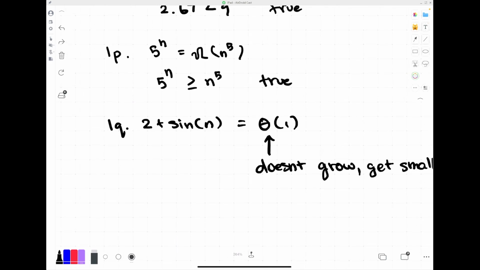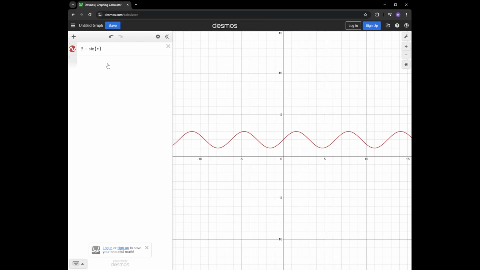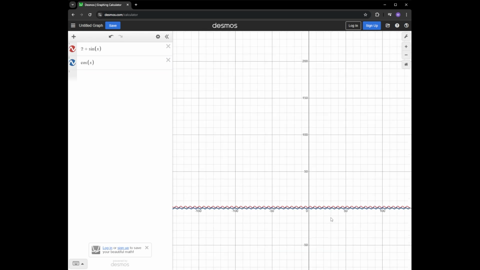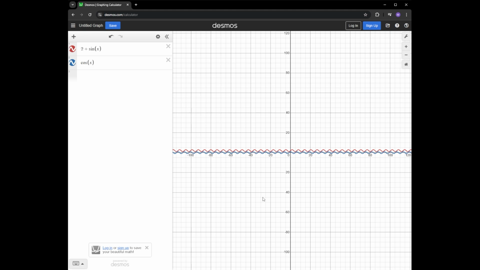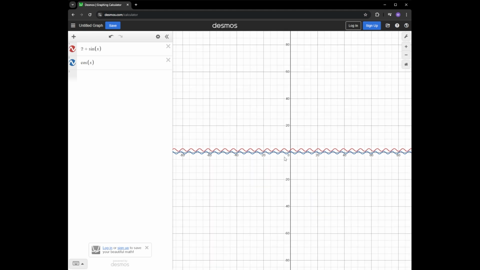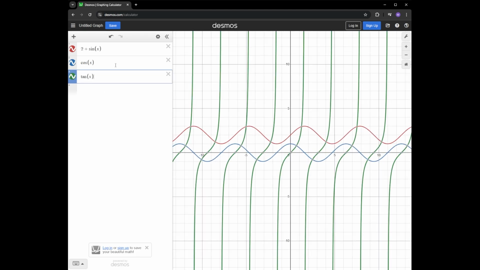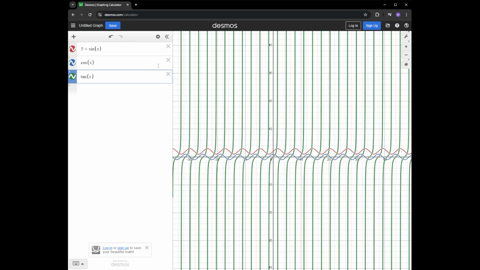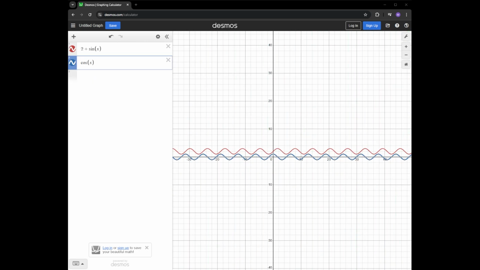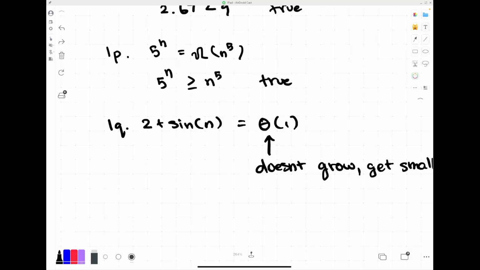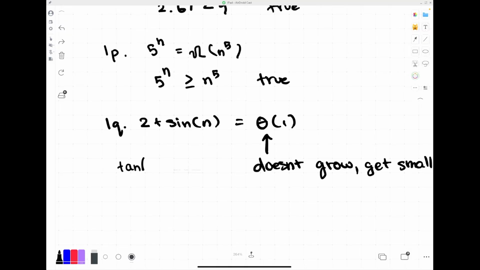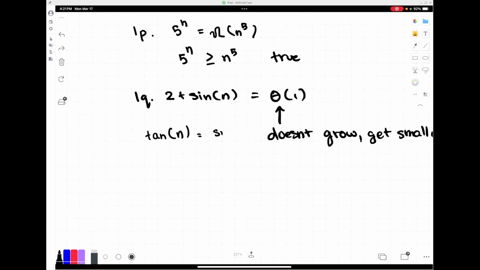It stays within bounds. And so cosine would also work. I can show you that as well. So if we did cosine of x and zoom out, it's the blue. The graph never gets bigger or smaller. It stays within its bounds. So this would also be true, but tangent of x wouldn't work because tangent of n in this case would equal sine of n over cosine of n.